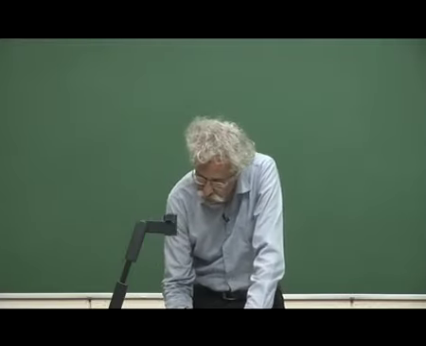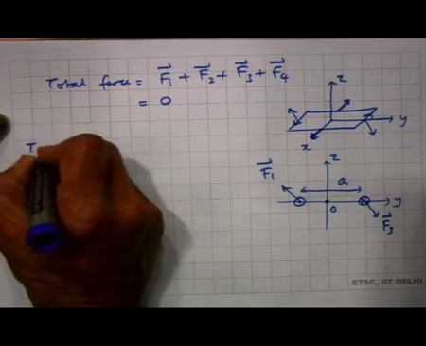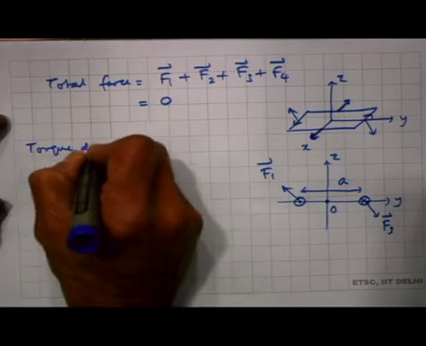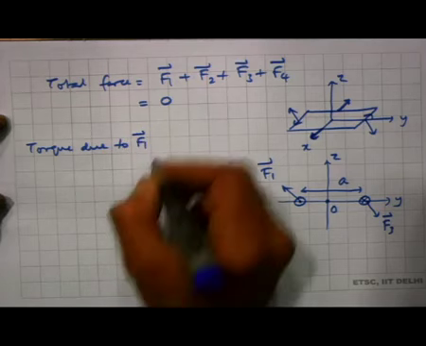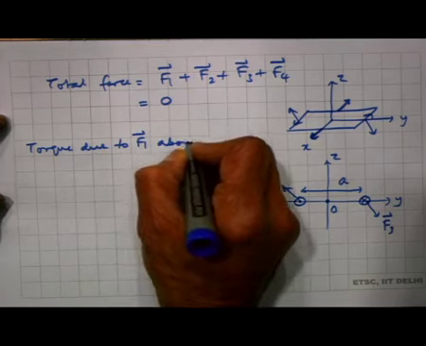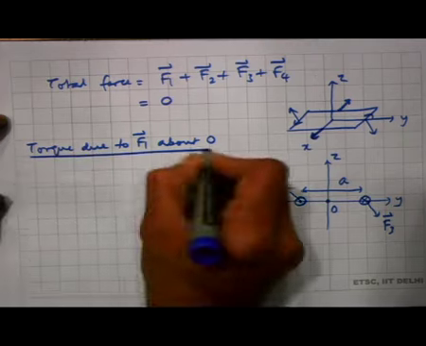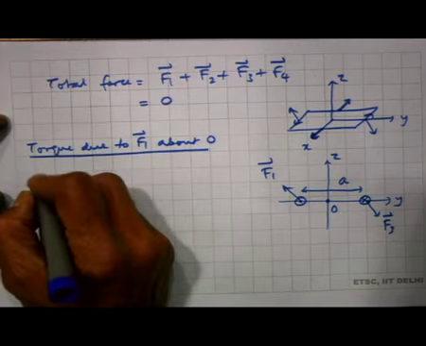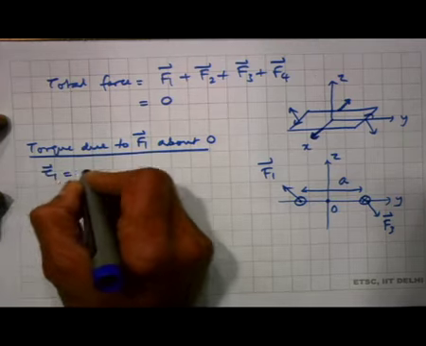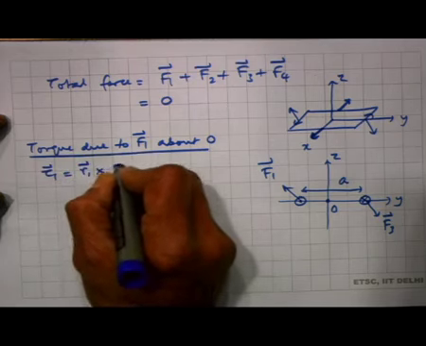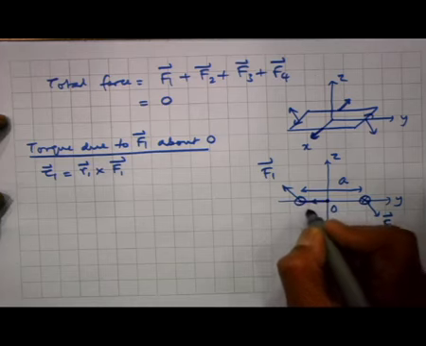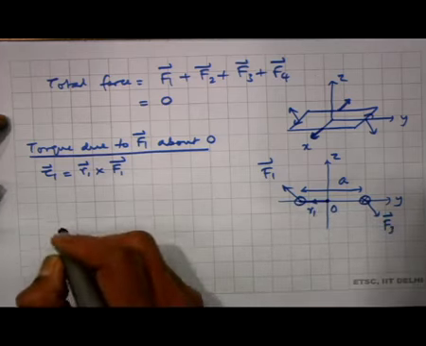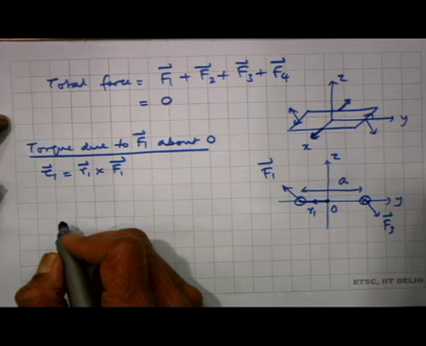So, torque due to F1 about O. Let me call this tau 1, which is equal to r 1 cross F 1, where r 1 is this vector here and F 1 is the force.